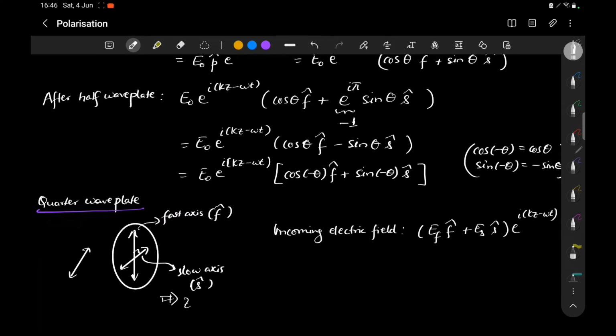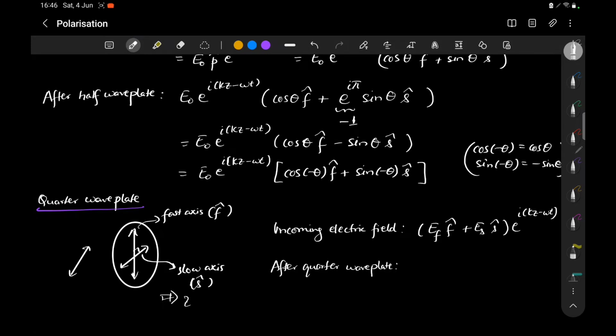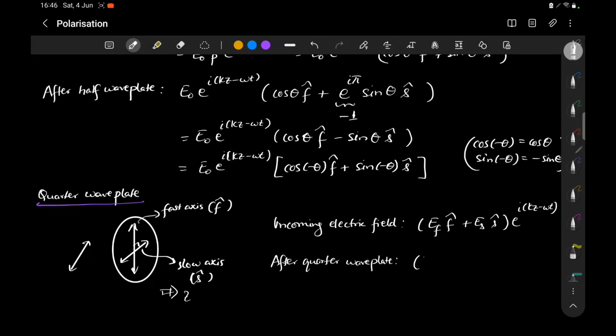So this is the incoming electric field. And after the quarter wave plate, we will have the following field.